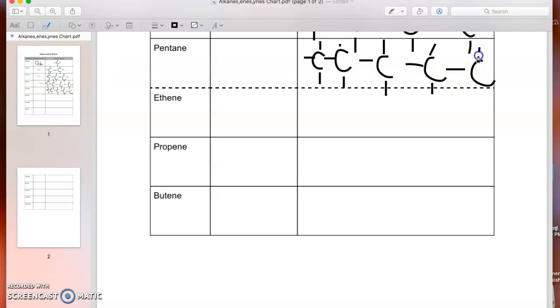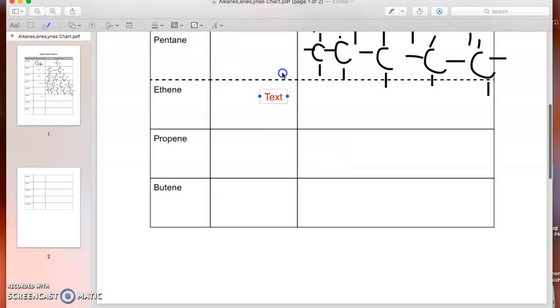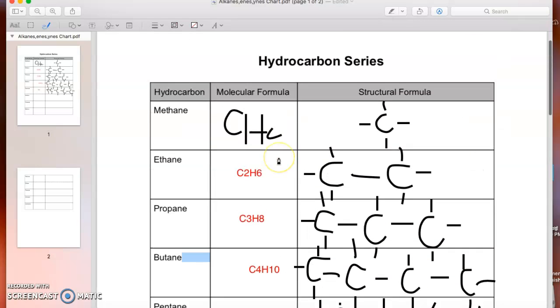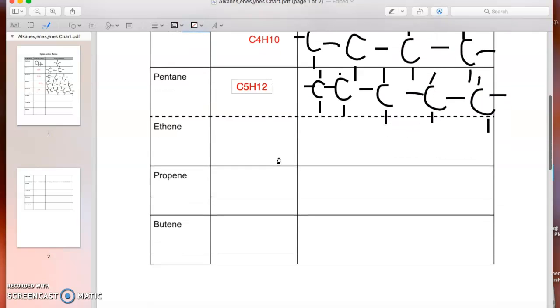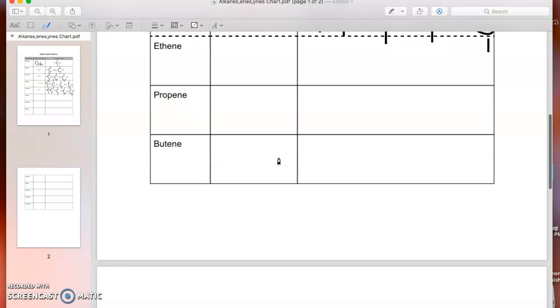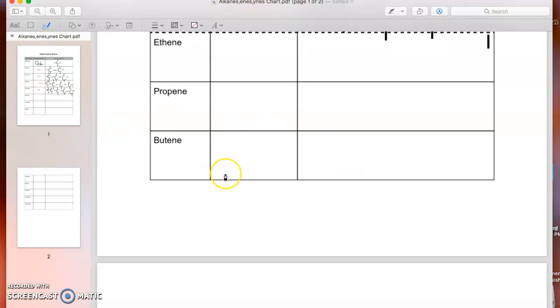All right, so then my formula is going to be we have C5, 1, 2, 3, 4, 5, H12. So if you notice, our hydrogens are going up by 2. Okay. For the sake of time, I'm going to do just a couple of these.